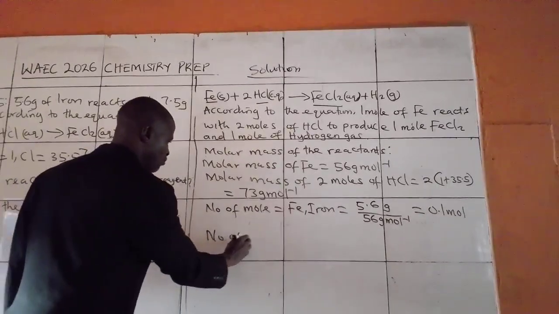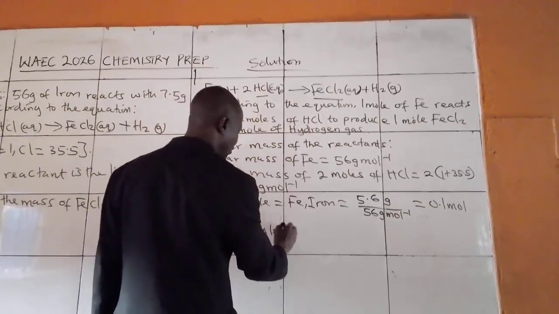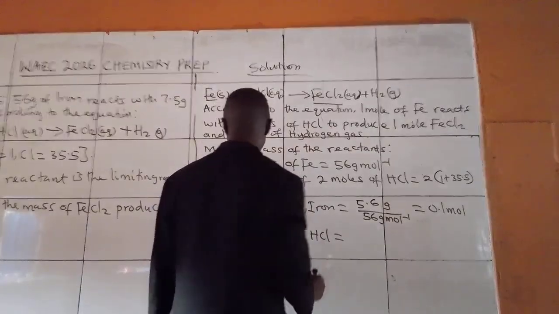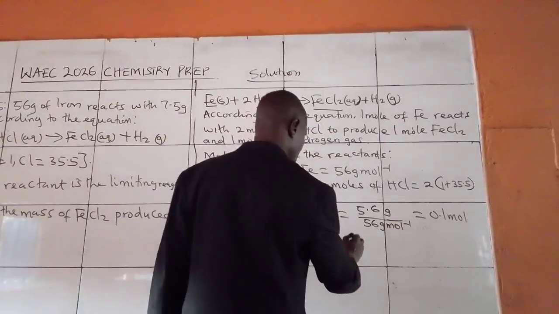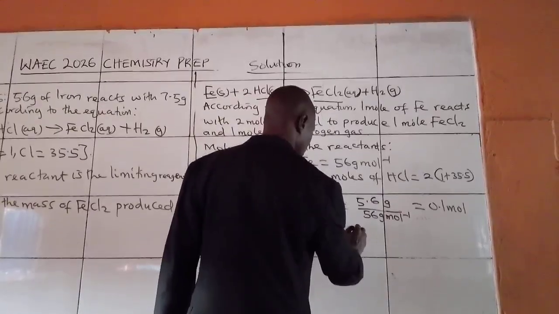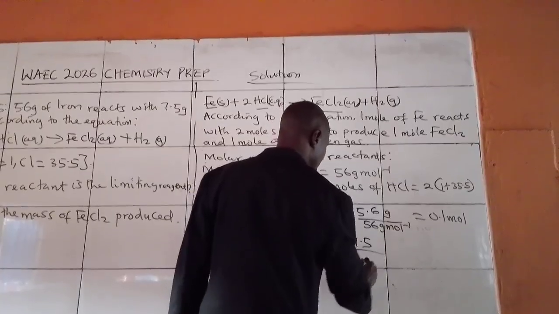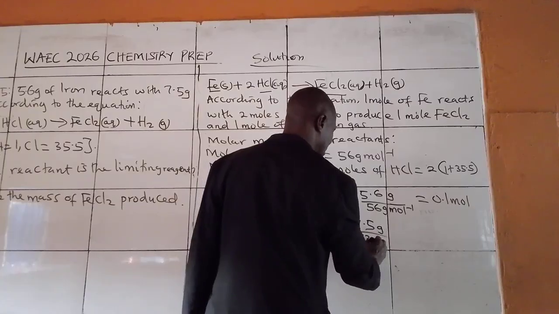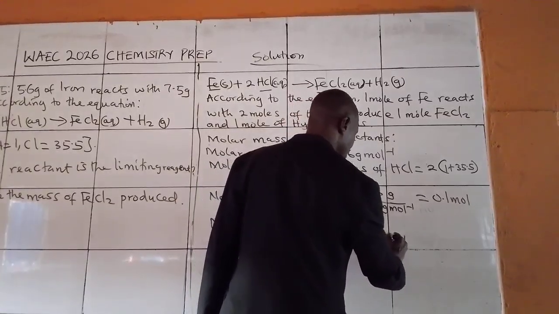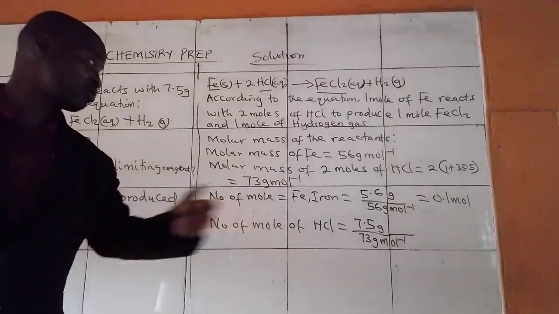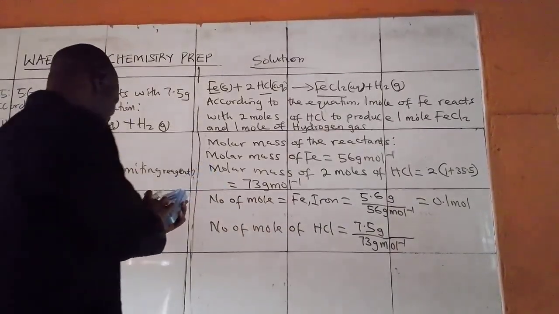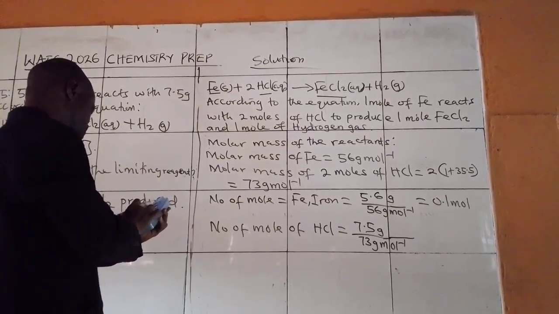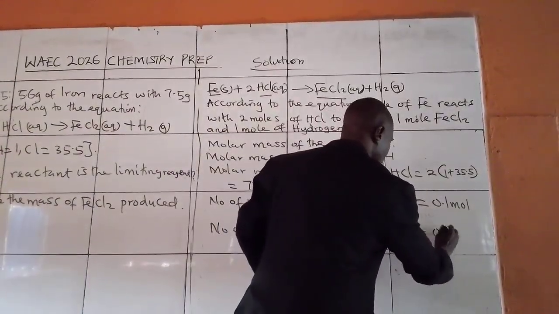The number of mole of HCl, that is hydrochloric acid, is equal to mass over molar mass, which is 7.5 gram divided by 73 gram per mole. So we have 0.1 mole.